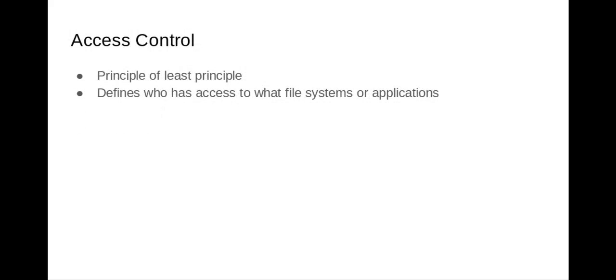Okay, so access control. So the principle of least privilege. So you only need to access what you need for your job. So managers generally have read-write access, and general employees have read access, so they can only read a document. They can't change the document.